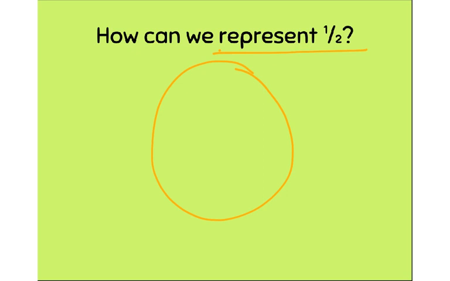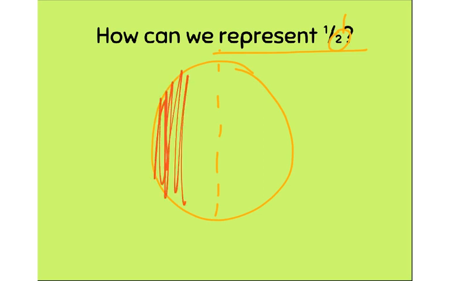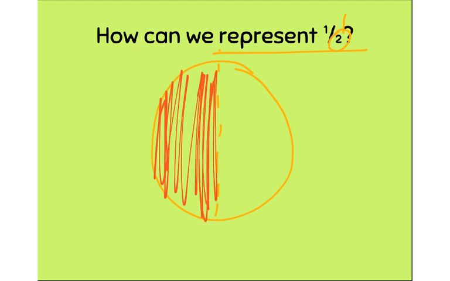So they've already shown us that 1/2 here with numbers. So I'm going to cut it into, looking at the bottom number, I'm going to cut it into 2 equal parts. And I don't want to shade the whole circle, so I'm just going to shade in half, one of the 2 parts. That's one way to represent 1/2.